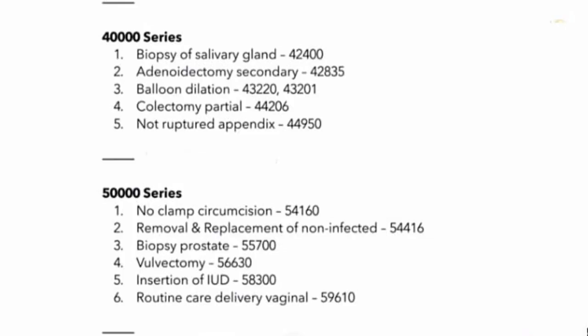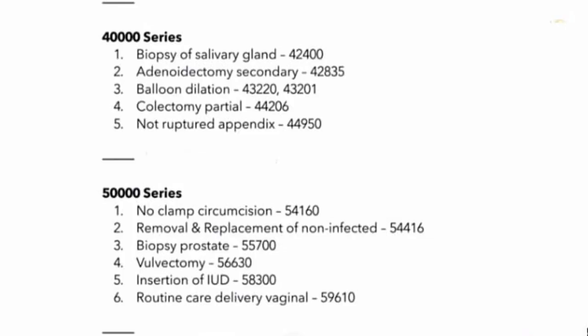The third question is balloon dilation. The code is 43220 and 43201. The fourth question is partial colectomy. In this section you have to notice one thing: total or partial colectomy. Here the fourth question is about partial colectomy, so the code is 44206.